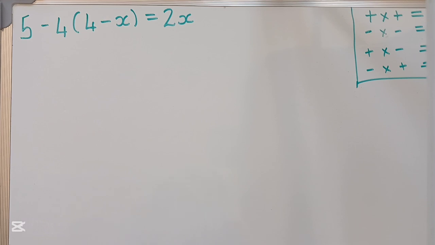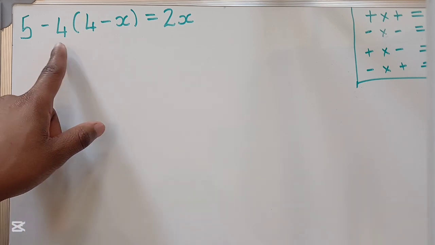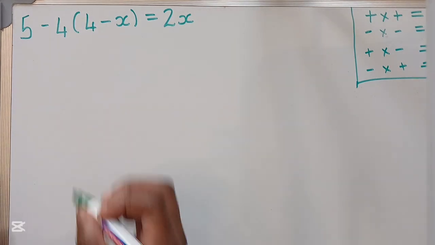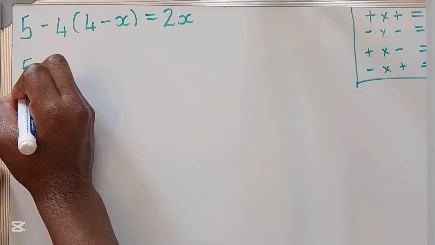In the last example, we have 5 minus 4 open bracket 4 minus x close bracket equals 2x. When there are brackets involved, we want to eliminate the brackets. Brackets mean multiplication. So I'm going to multiply this negative 4 with everything inside the bracket. 5 comes down as it is.